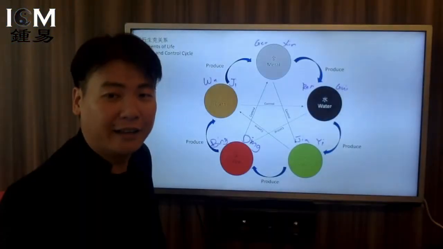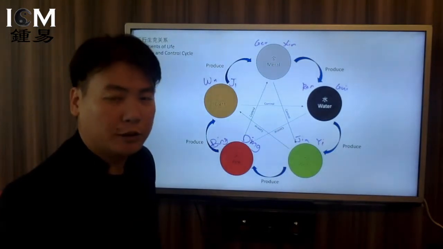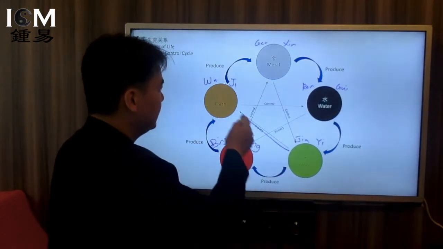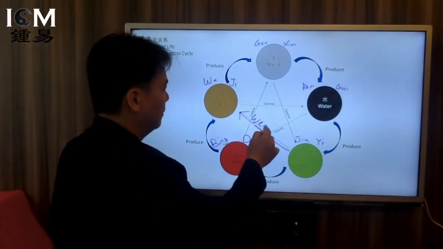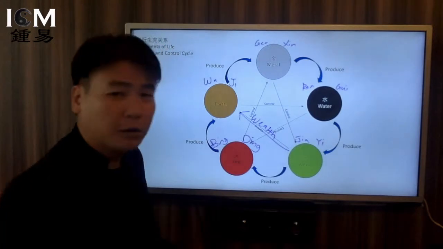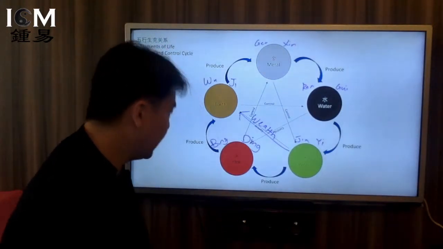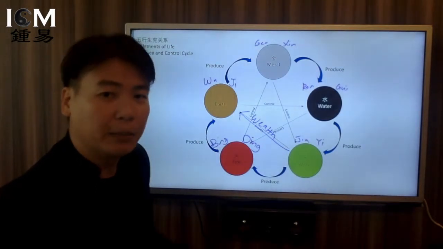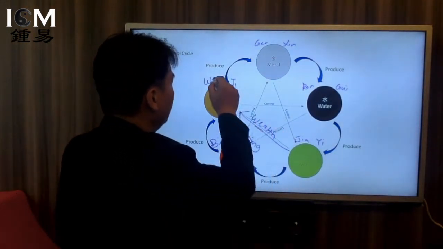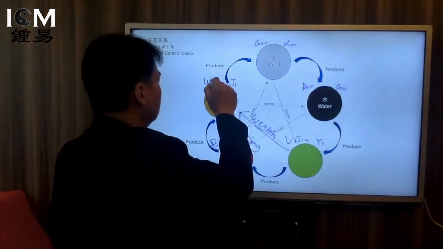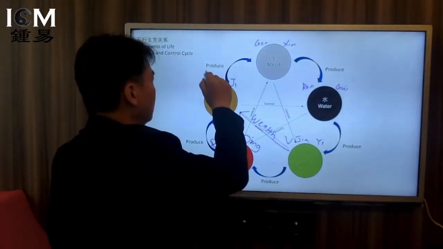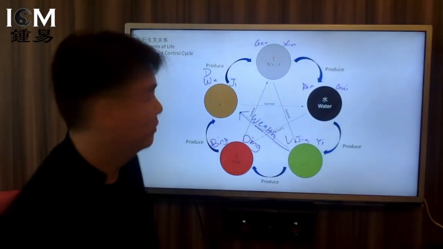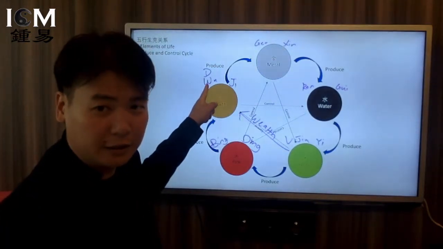So next is wood's turn. For wood, what is your wealth? Wood's wealth is basically earth. So let's say if you are a Jia wood, which is the DW and which is your IDW? If you are a Jia wood, do you all know, is this the DW?